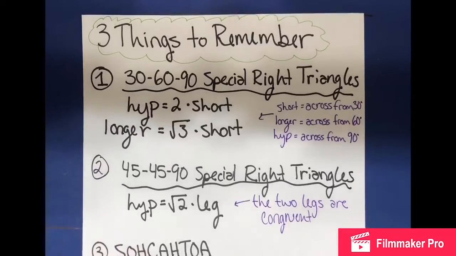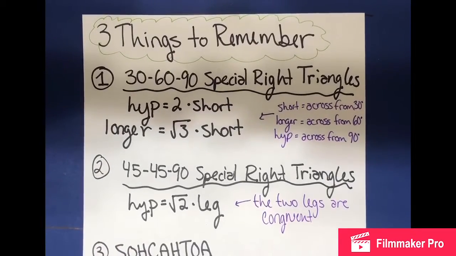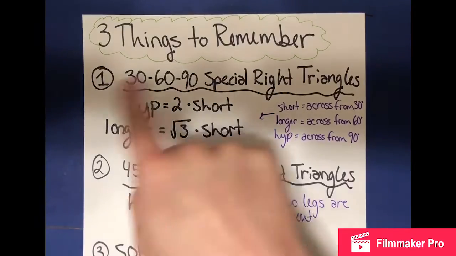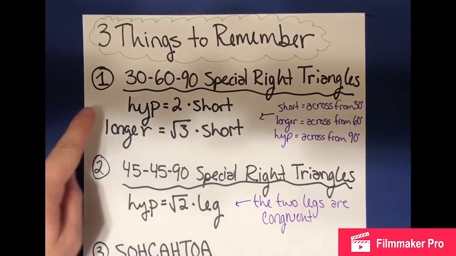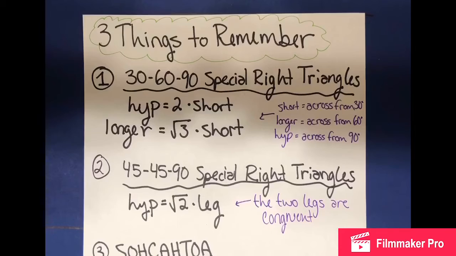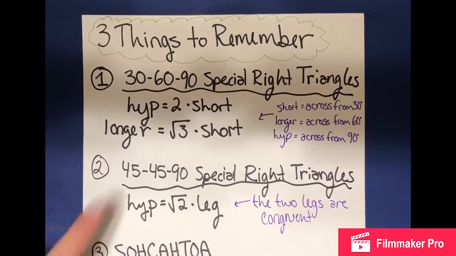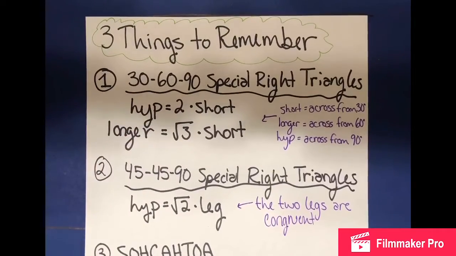Before we actually go into that, I want to go through 3 things that we just have to remember from already previously learned knowledge. So, 3 things to remember. Number 1, 30, 60, 90 triangles. It hasn't been that long since we've done them, so hopefully that's still in your memories. We have 2 formulas for that.